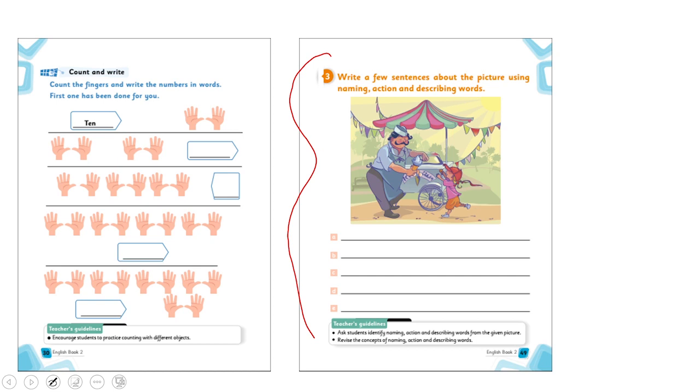You have to look at the picture and create your own sentences about the picture. There is no word bank given for your help. You have to write on your own. You can pick out the naming, action and describing words from the sentence and use them in your sentences.